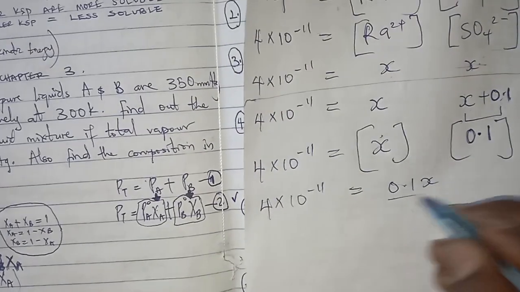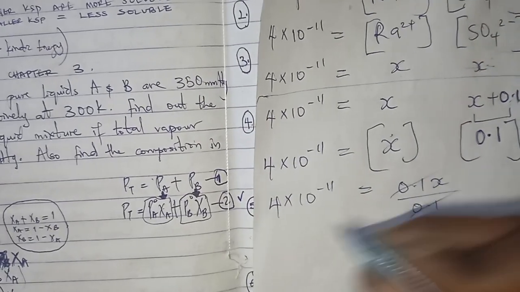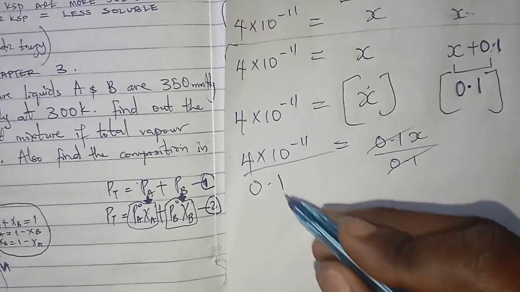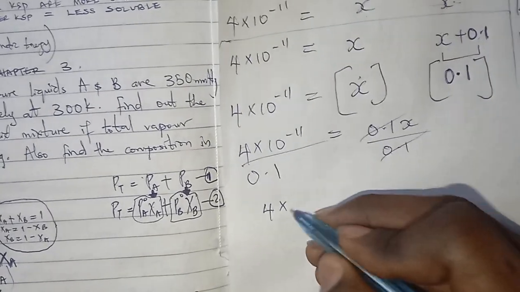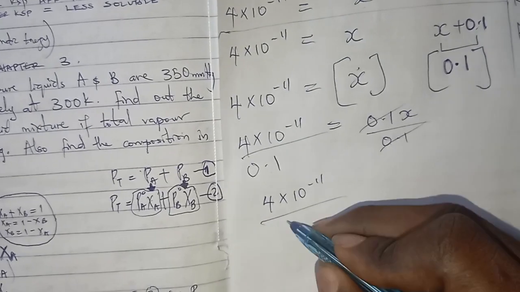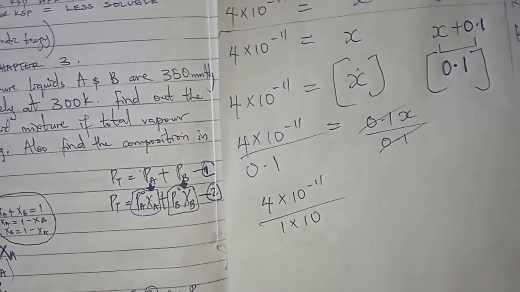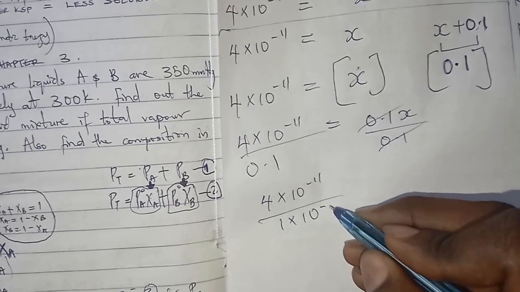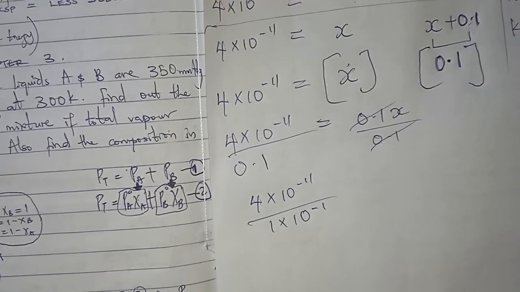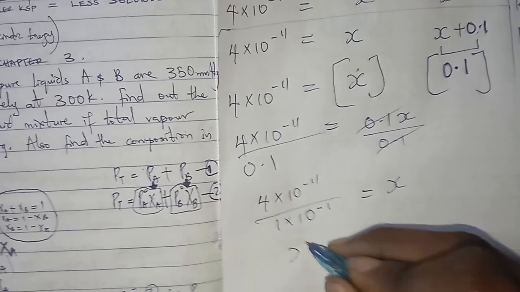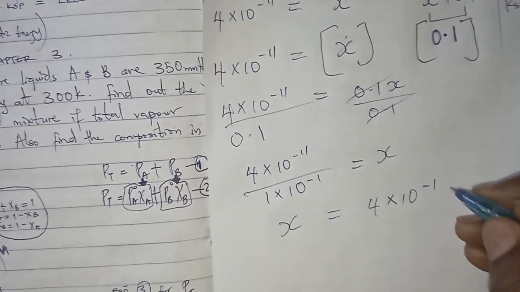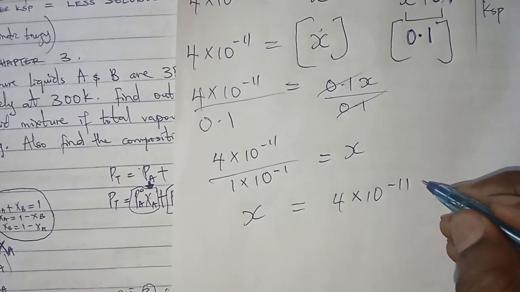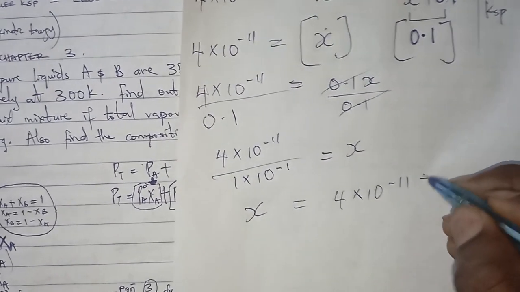So X will simply be found by dividing both sides by 0.1. Because I know that 0.1 is 1 divided by 10, this is the same as saying 4 times 10 raised to the power minus 11 all over 1 times 10 raised to the power minus 1, equals X. If I use indices now, this becomes 4 times 10 raised to the power minus 11, and when the minus comes up, it becomes minus minus, which is plus 1.